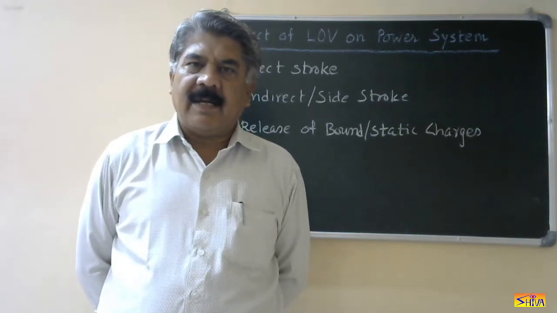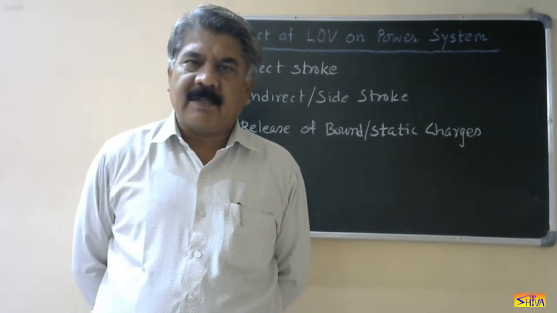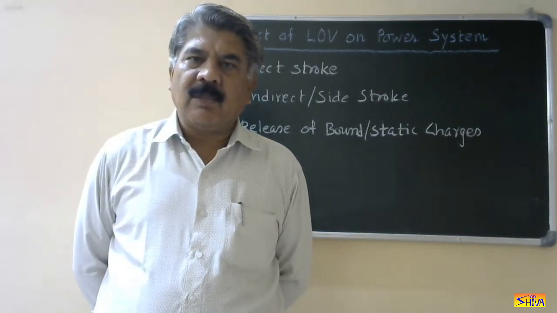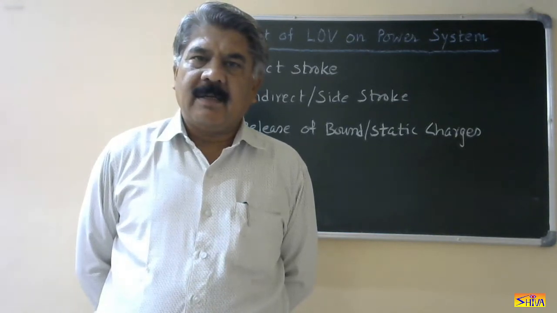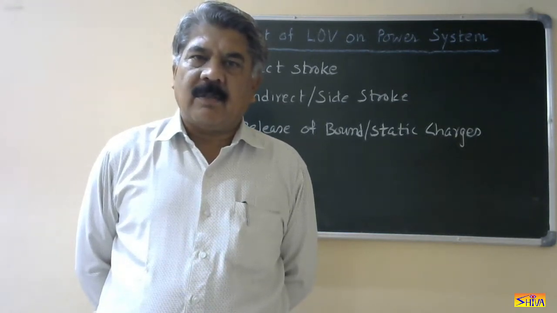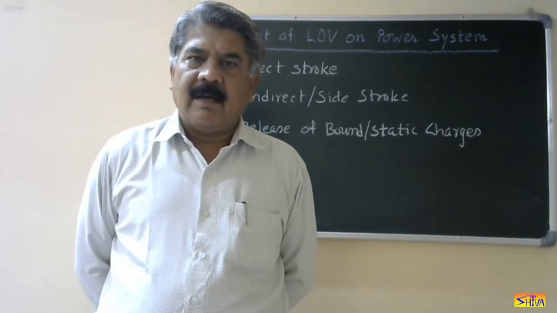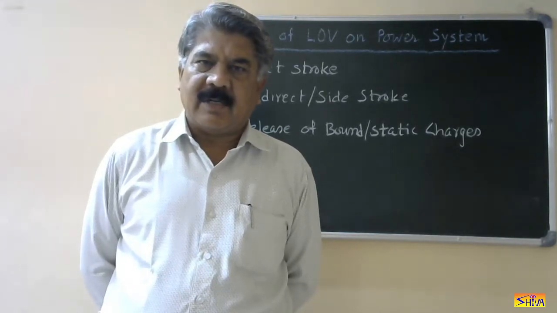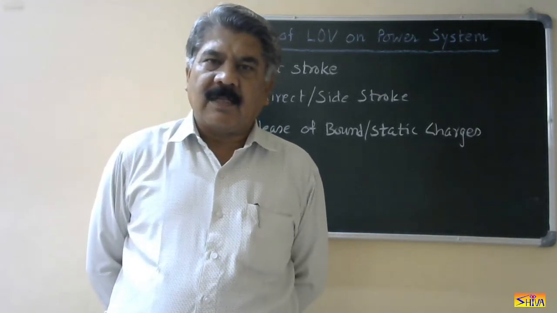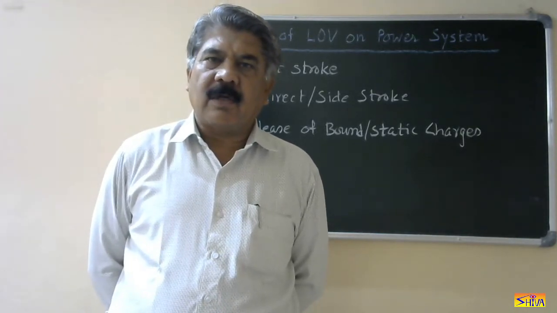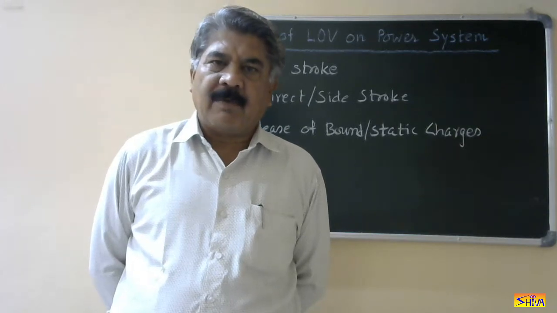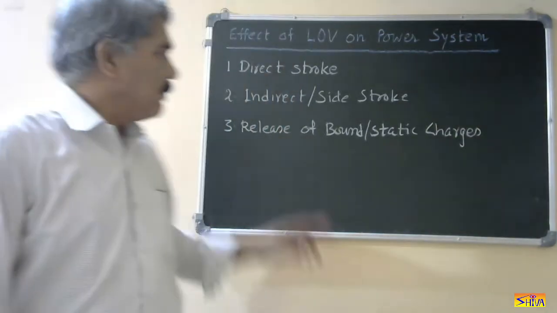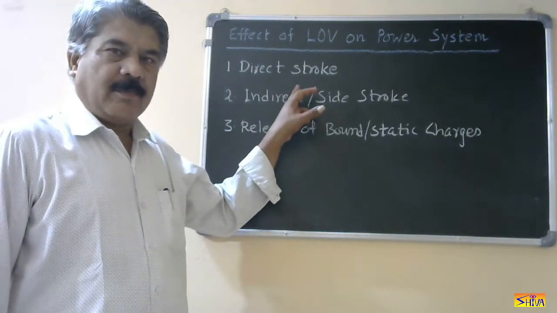In that, I had explained the lightning mechanism, then how the lightning strokes are classified according to their effect on the power system and also according to the magnitude of current and time duration. So when we classify the lightning strokes according to their effect on power system, they are classified as direct stroke.